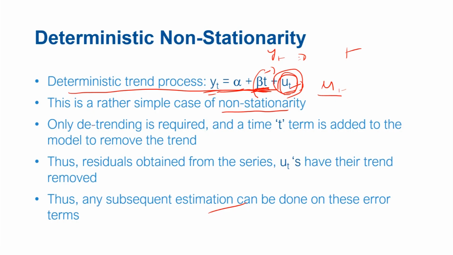If you apply the treatment for deterministic non-stationarity on stochastic non-stationarity, for example adding a time trend, or vice versa, taking the first difference for deterministic non-stationarity, then the resulting model will not be error free, it will be inefficient, and most probably the non-stationarity will not be removed. So it is better to first understand what kind of non-stationarity is present, stochastic or deterministic, and then treat the process accordingly.